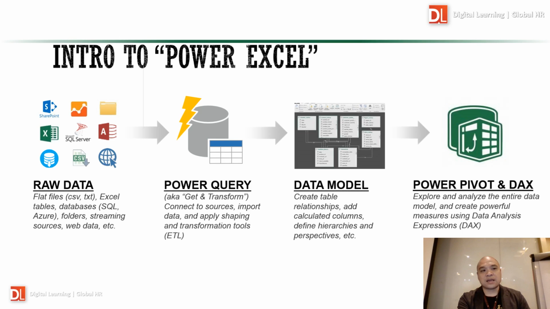Now I would like to change the term from Microsoft Excel to Power Excel. The reason is that the Office 2016 version is quite different from the old version. In the past, you could not find these two features. The first feature is called Power Query, and the next feature is PowerPivot.